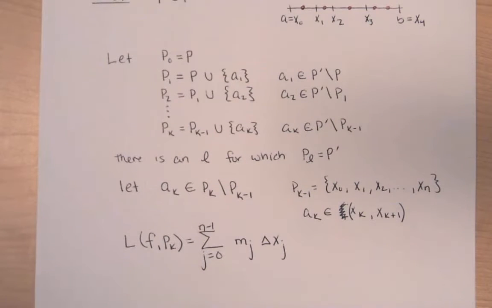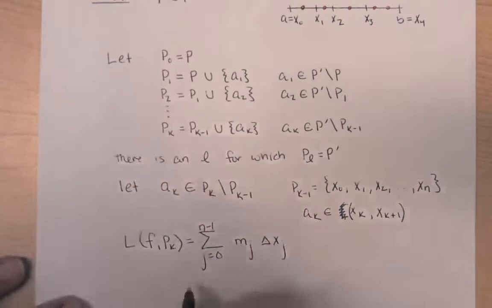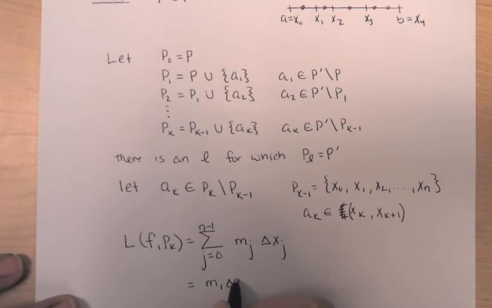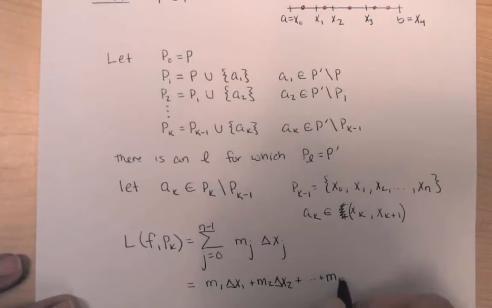Remember our shorthand for this. Right, so that's M1 times delta X1 plus M2 times delta X2 plus the kth one, all the way to the n minus 1.